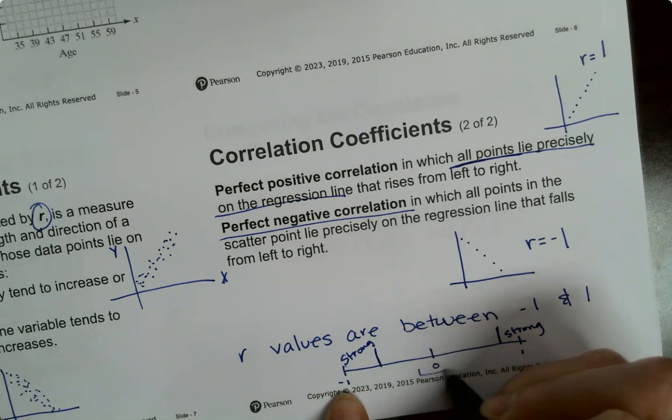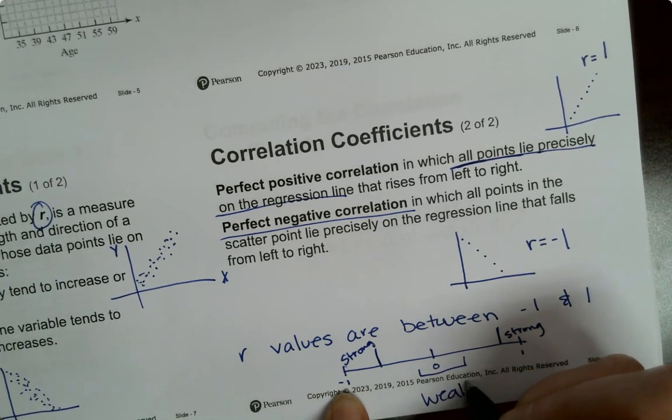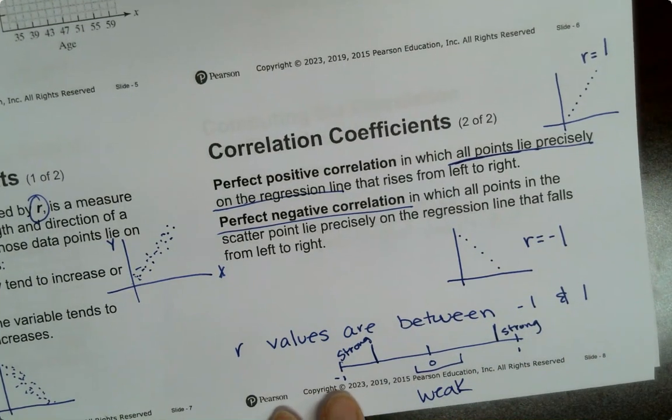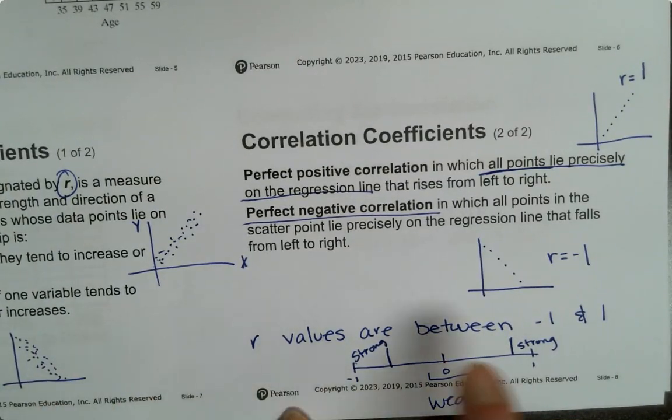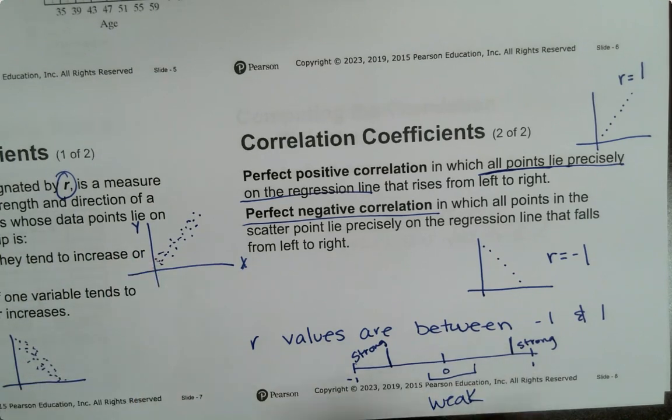Anything close to 0 is considered weak. If it's on the negative side, it's a negative correlation, meaning it's a downward trend. If it's on the positive side, it's more of an upward trend.